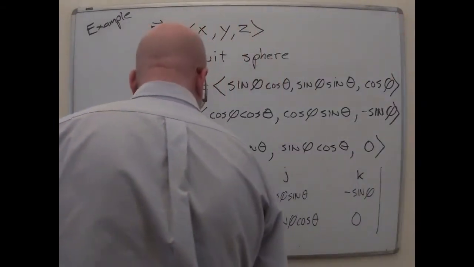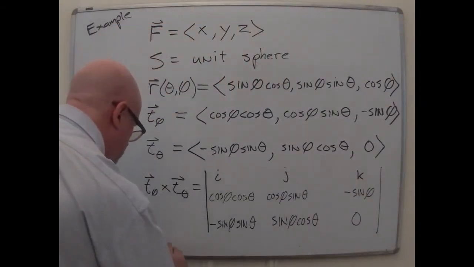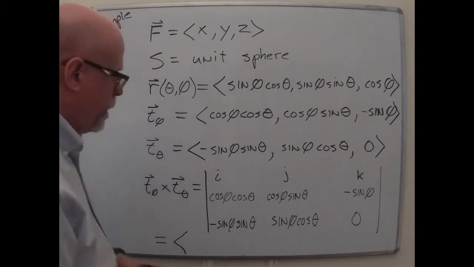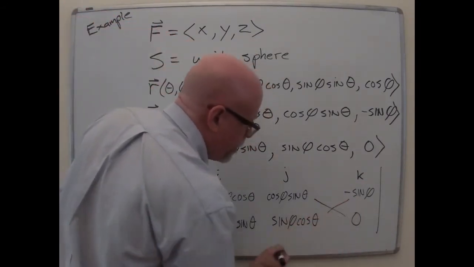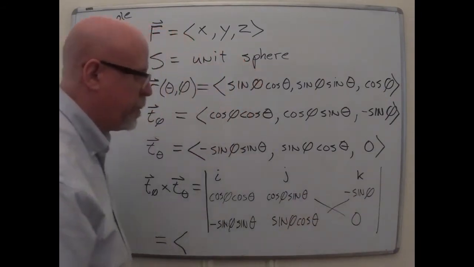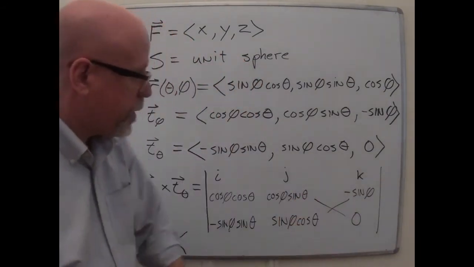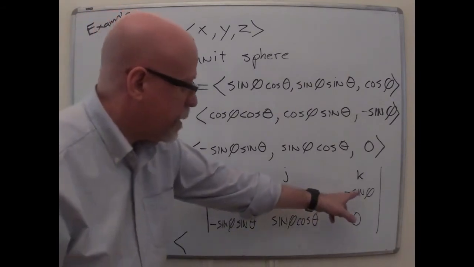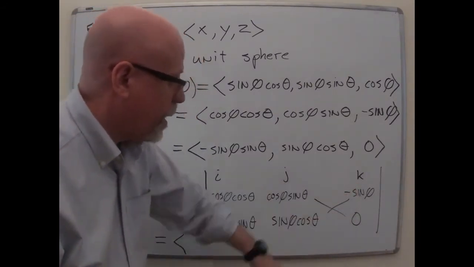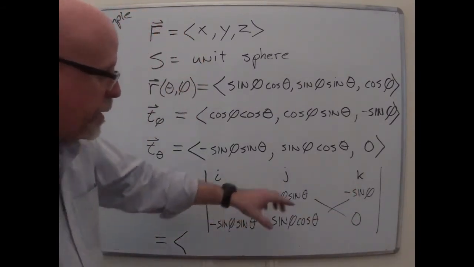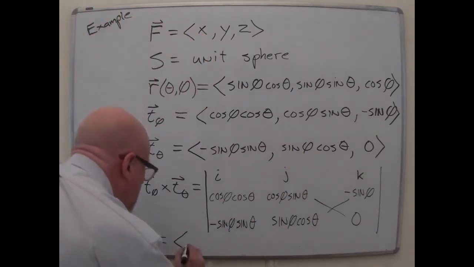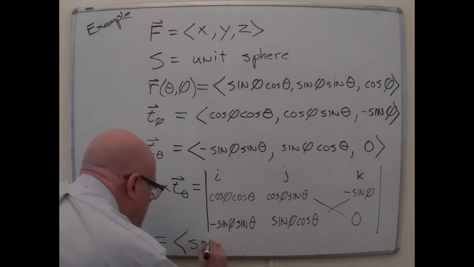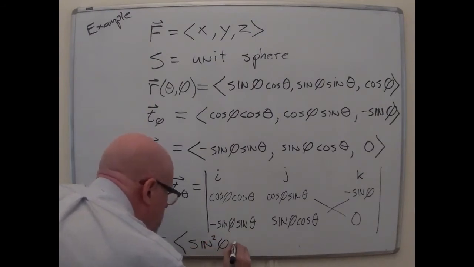I'm just going to try to squeeze and get this into coordinate form underneath. The i component will consist of the product that way minus the product this way, and so the first product is 0, and the second one it's negative of that, so this one minus sign gets canceled. What we've got there then is sine phi times cos theta, or sine squared phi cos theta.